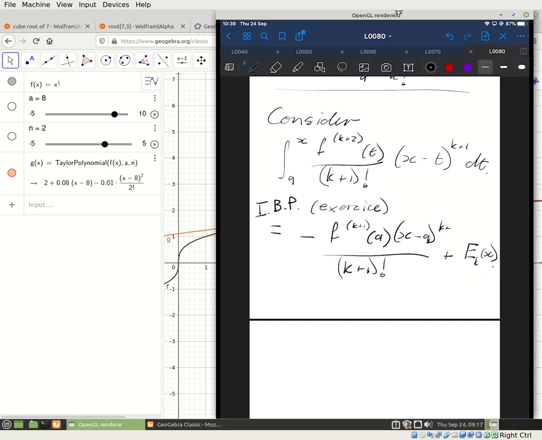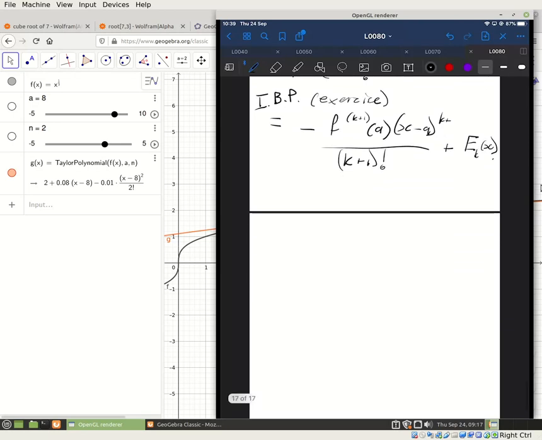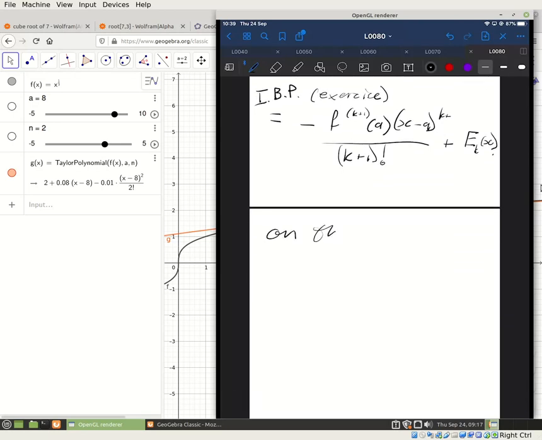Okay. But on the other hand, by definition, we know what ek plus 1 at x is.